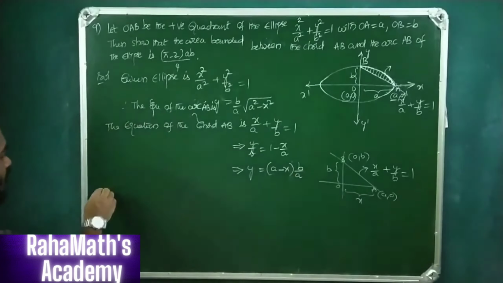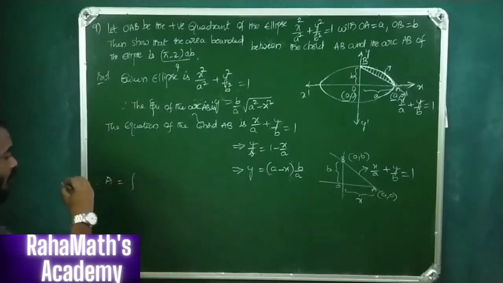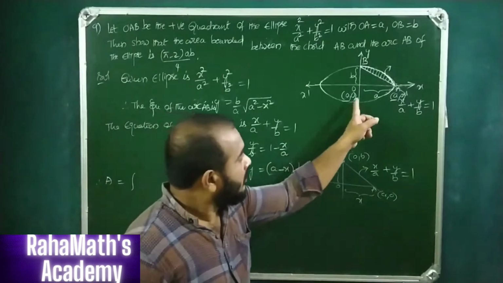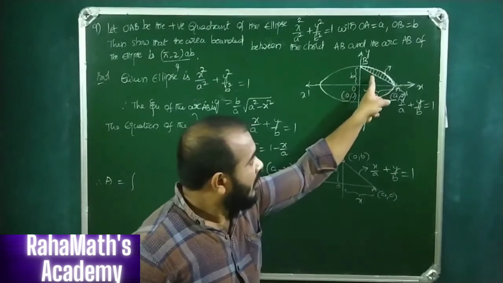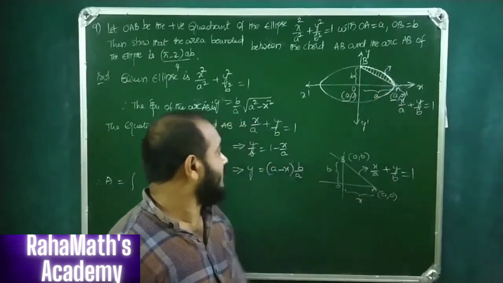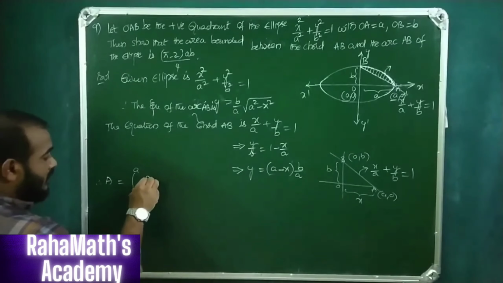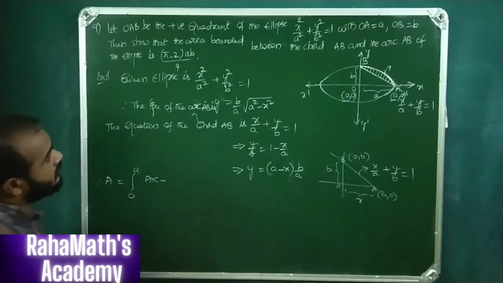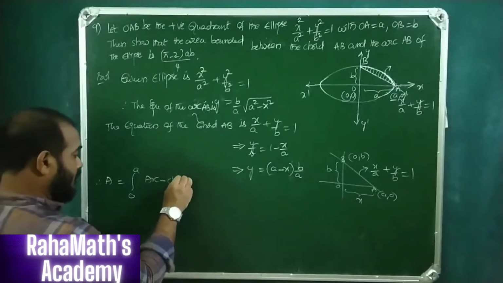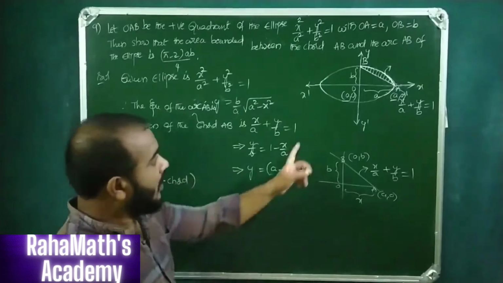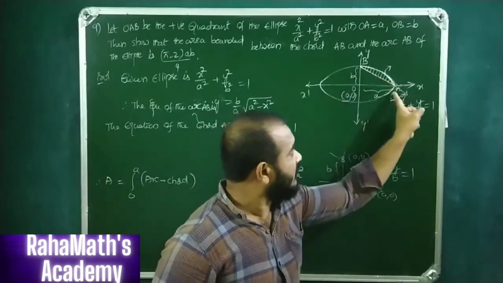Now therefore the area of the region bounded by the chord, the arc and the line is the integral from 0 to a of arc minus chord dx, because here the arc is the dominating curve and the chord is the lower curve.